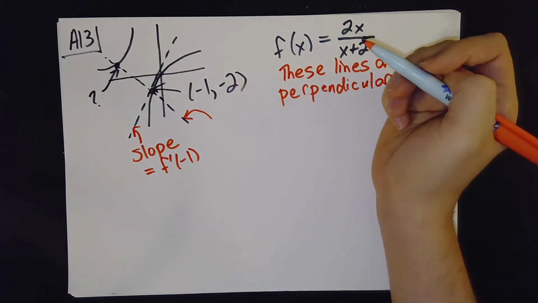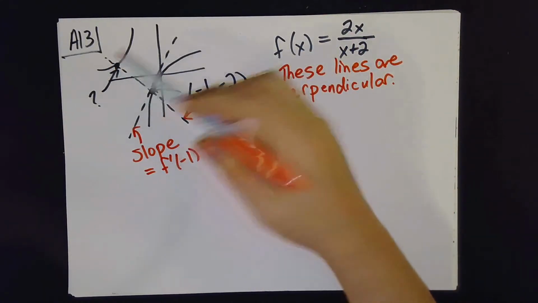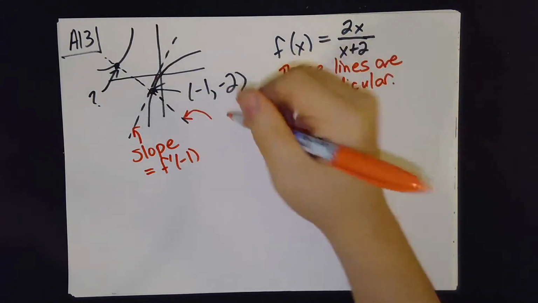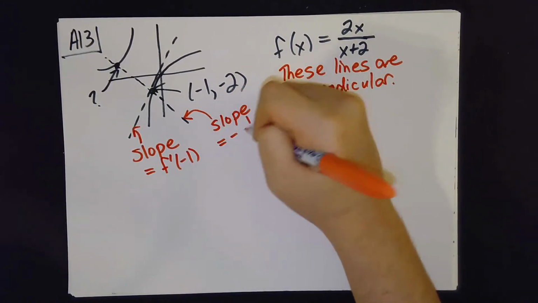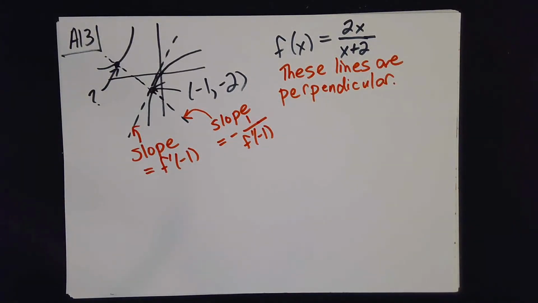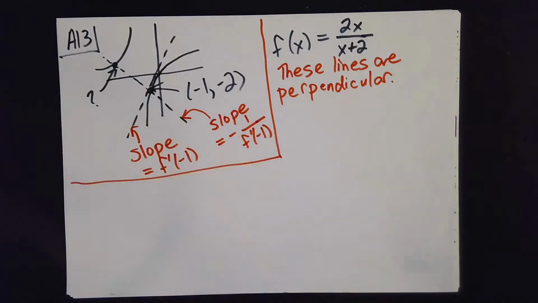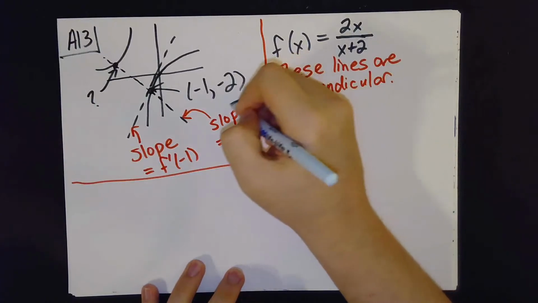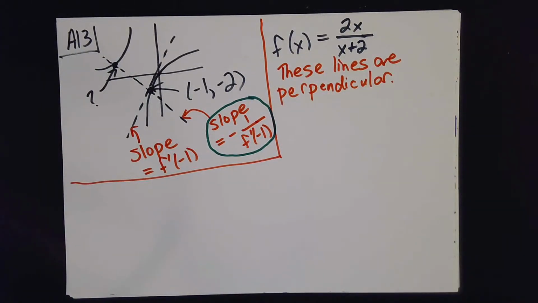So this other line, the line that I really want to look at, because it's the line that intersects the graph at the point I'm interested in, it's going to have slope -1 over f prime of -1. So this is going to end up being our key fact here.